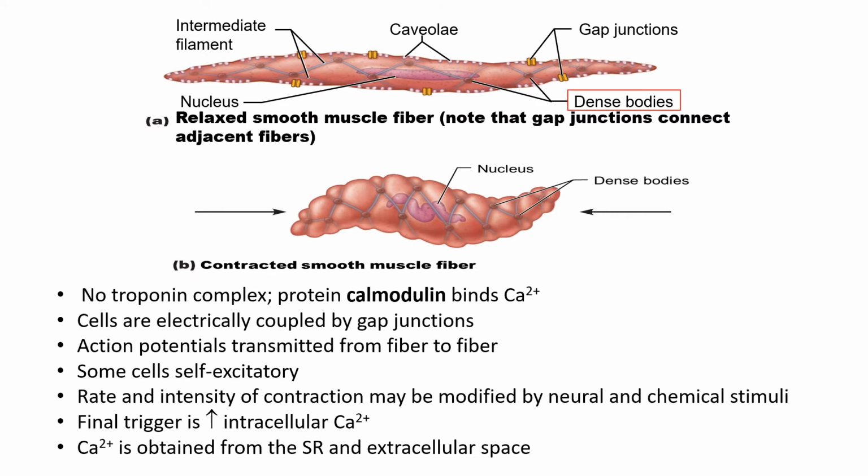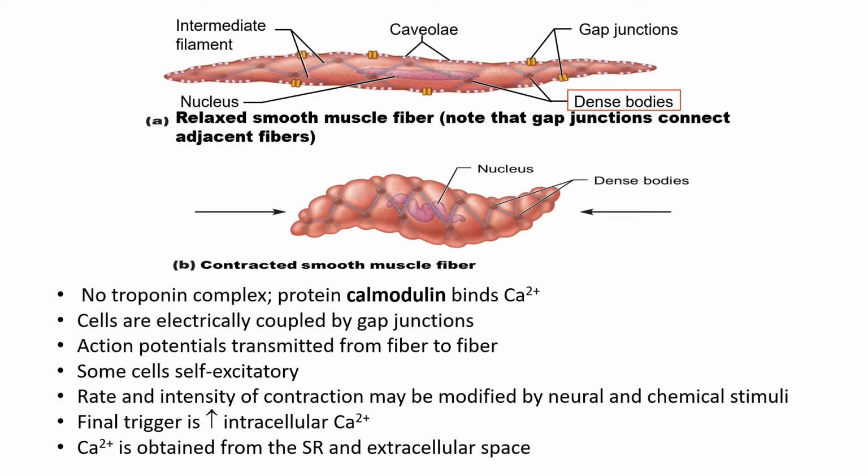There are also a couple of other differences. First of all, the ratio of thick to thin filaments is much lower in smooth muscle compared to skeletal. In smooth muscle, there is one thick filament for 13 thin filaments, compared to skeletal, which has one myosin filament to 2 actin filaments.